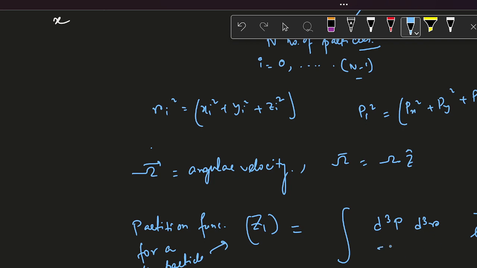Okay, and this whole thing will also be divided by h cube, because this is the phase space minimum element. Whenever you are writing it like this, you have to also divide it by the unit of the phase space, which is having a total coverage of h cube.